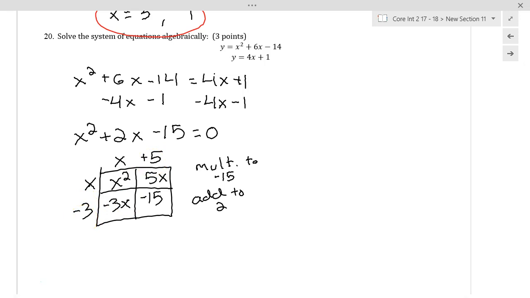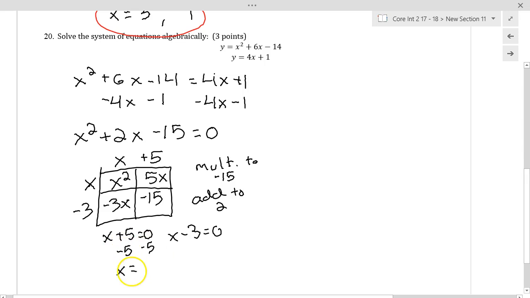Remember, I am solving, so this gives me x plus 5 equals 0, x minus 3 equals 0. Subtract 5, x equals negative 5. x equals 3.